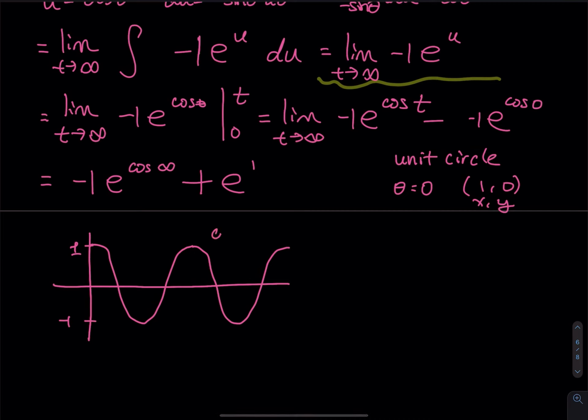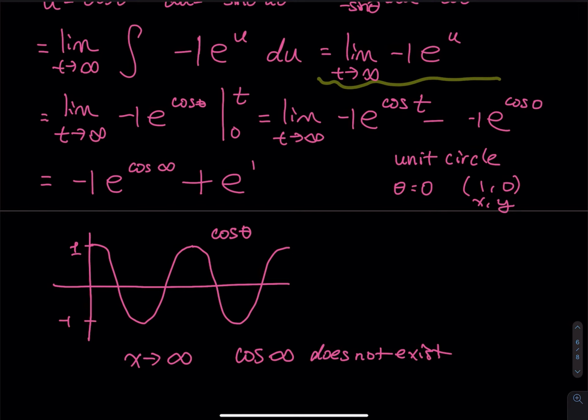So this is the graph of cosine theta. So what happens as x approaches infinity? As you look all the way to the right, cosine of infinity basically does not exist. Why? Because the graph is bouncing between 1 and -1. As x approaches infinity, there is no way to determine that limit.